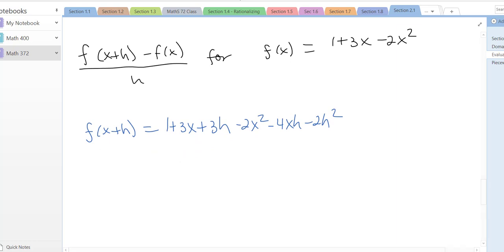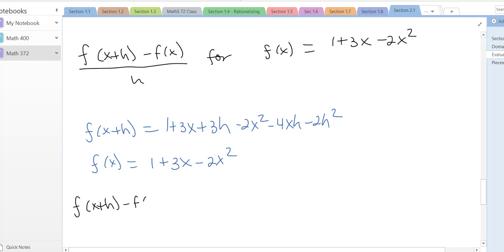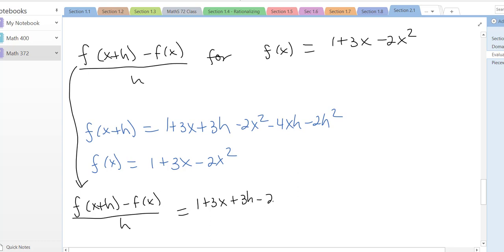So putting it together, f of x is our original function, 1 plus 3x minus 2x squared. So putting it together into the difference quotient, we're going to have f of x plus h, so this whole thing, 1 plus 3x plus 3h minus 2x squared minus 4xh minus 2h squared, minus f of x.